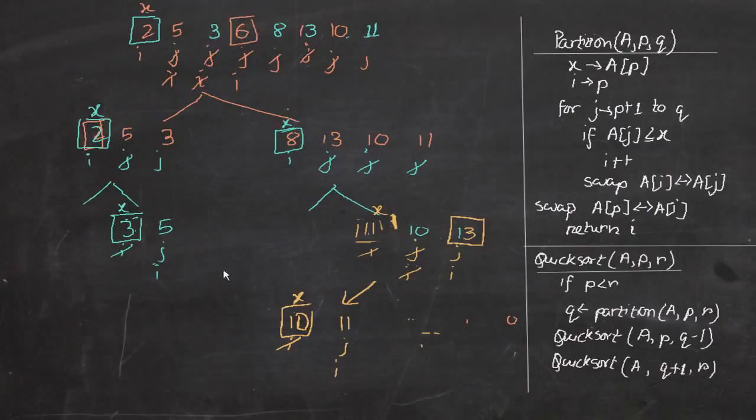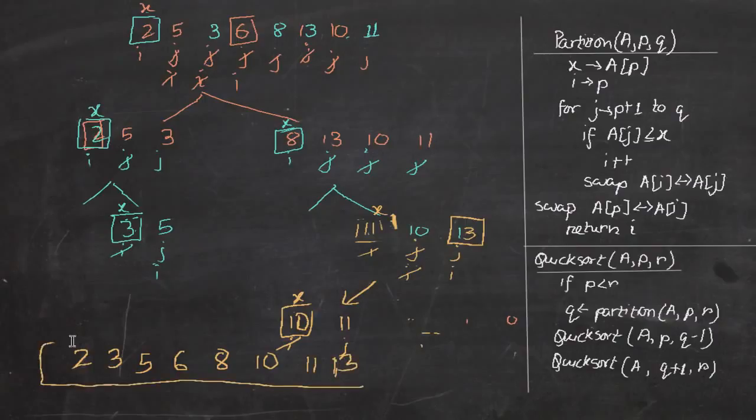All right. So this is the final one. Now let's try to arrange this tree. First comes 2, and then 3, and then we have 5, and then in this position 6, and then it's 8, and then it's 10, and then it's 11, and then we have 13.